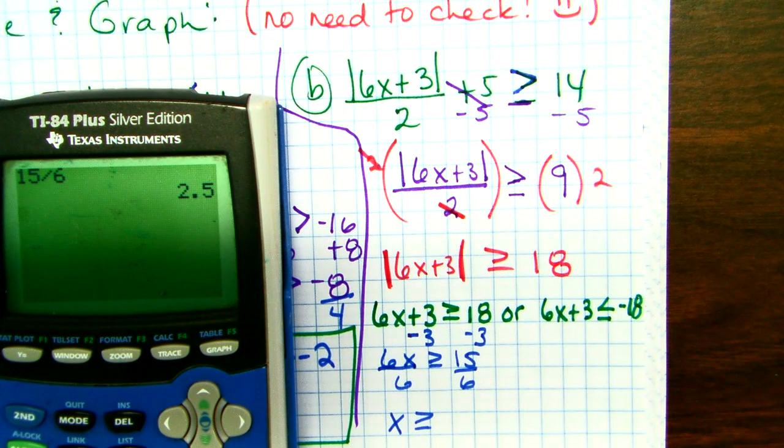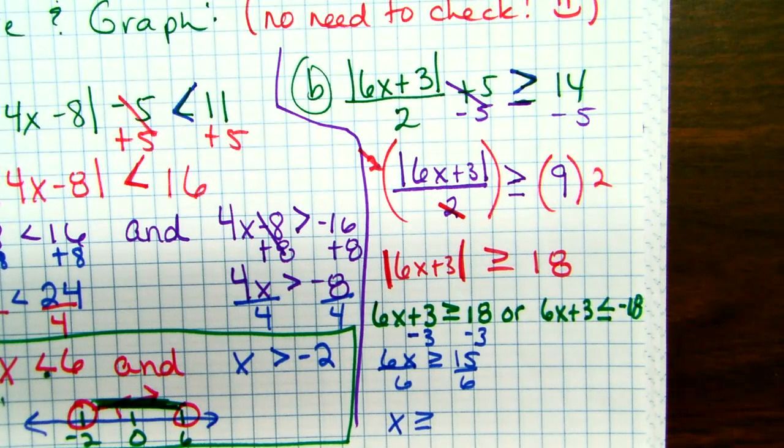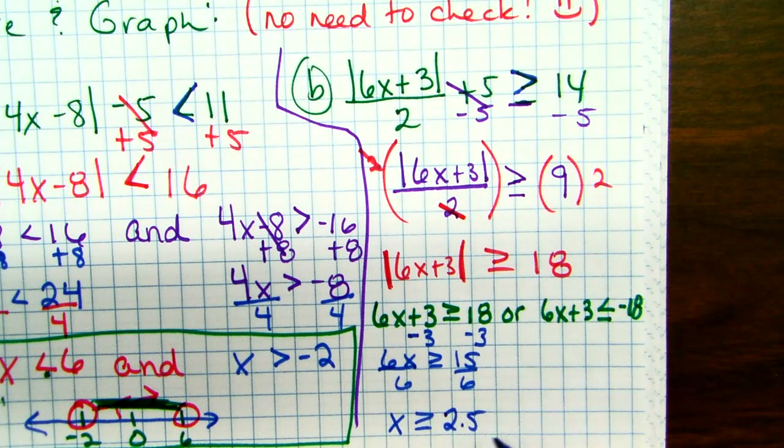Good, because it stops. So you can leave it at 2.5, totally fine, or you can hit math, enter, enter, and go back to 5 halves. Or, yeah, 5 halves. Either one. I think the decimal is easier, so I'm going to use that. So x is greater than or equal to 2.5.